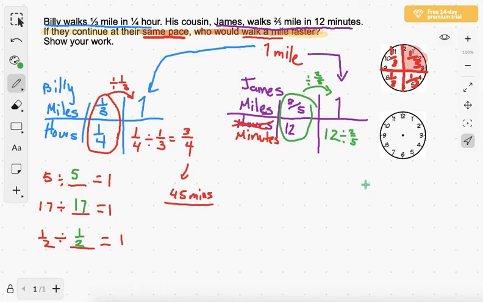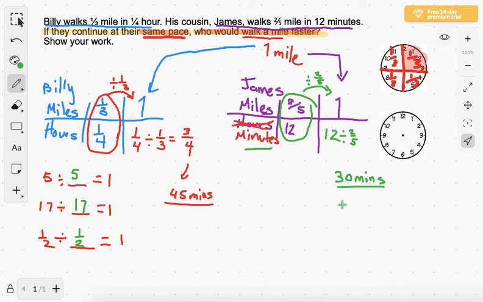When you do that, you end up with 30 minutes. When you type in 12 divided by 2/5 in the calculator, you get 30, which represents 30 minutes because that's what was here, right? So 30 minutes is how long it takes James to walk 1 mile.